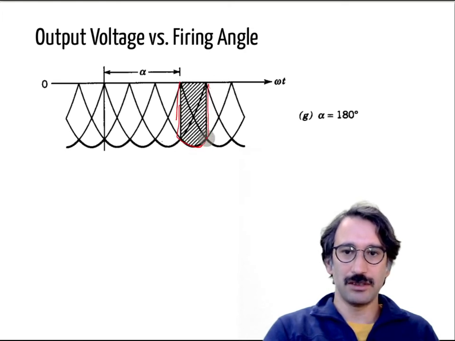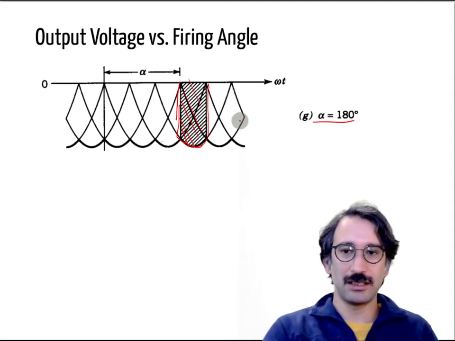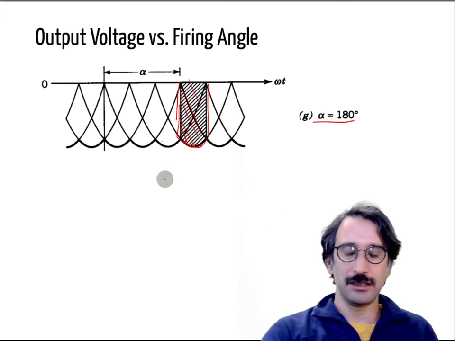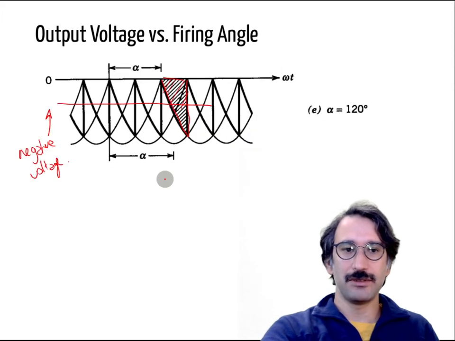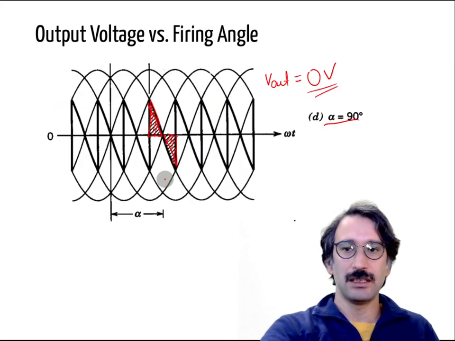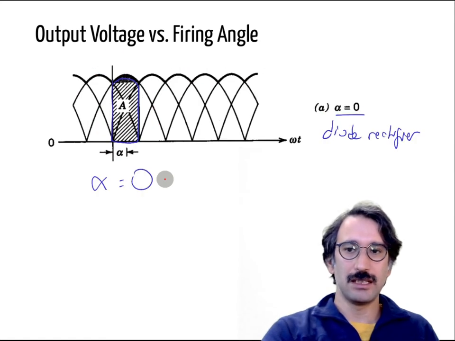Of course, due to extinction angle and commutation, that may not be possible in a practical case, but anyway, you have the same waveform as the 0 angle, but in a negative direction. So let's go back: 180, 150, 120, 90, 60, 30, and 0.